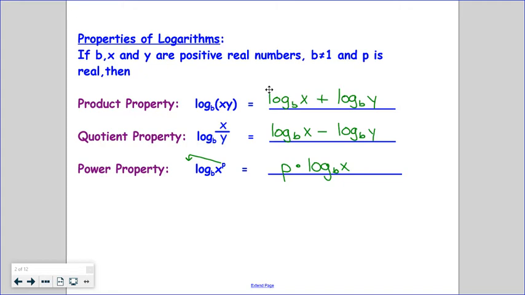Now, the clarification on the product and quotient property is this. These commonly get confused for each other, and here's what I want you to remember. It's all the same idea, but if something comes from our numerator, it will always have a plus sign in front of it, or a positive in front of it.